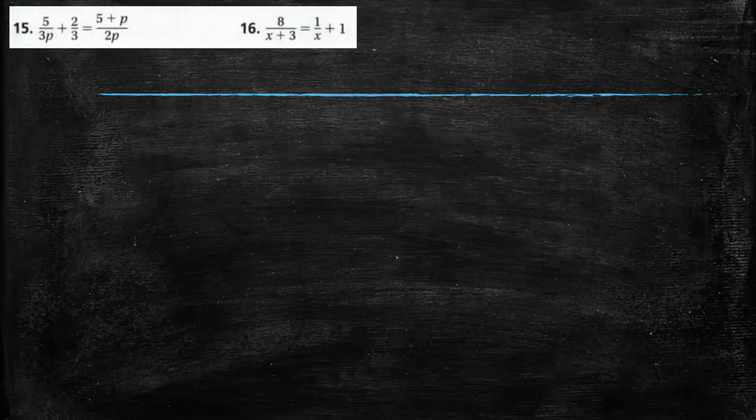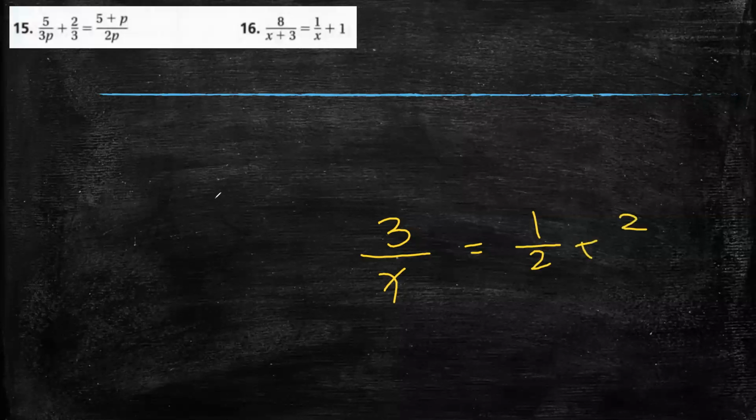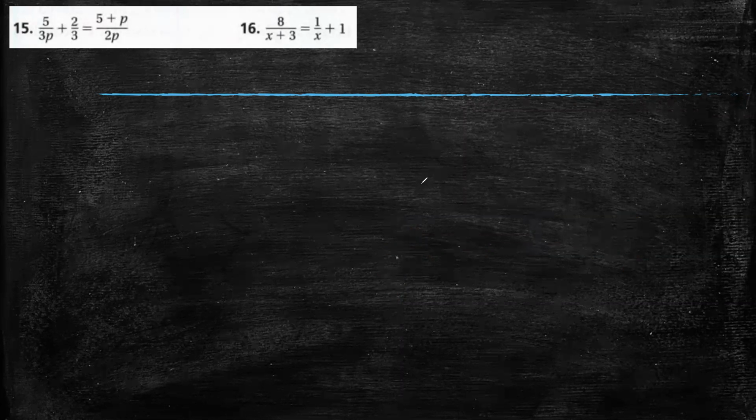For example, 3 over x equals 1 over 2 plus 2 over x. If you have this type of equation, you have to find the least common denominator, multiply, and then solve the equation. But sometimes you have something like this.